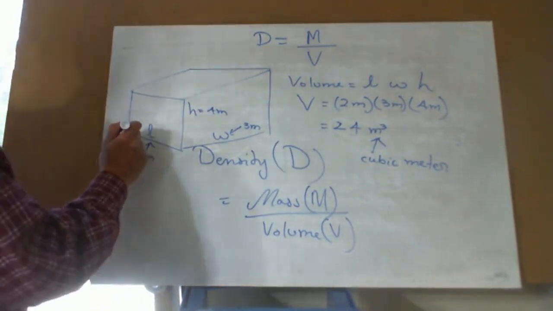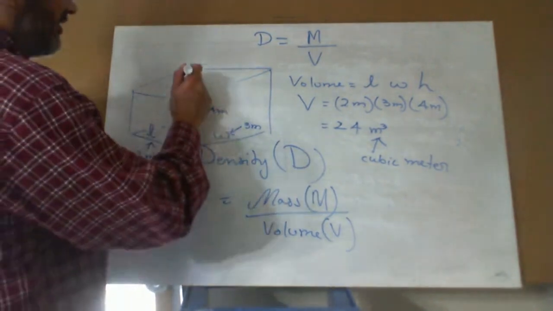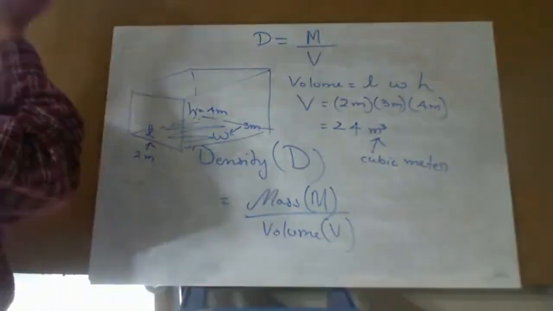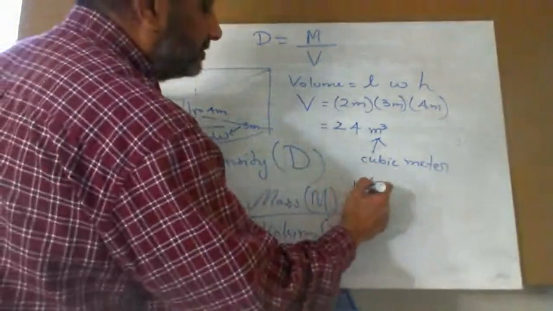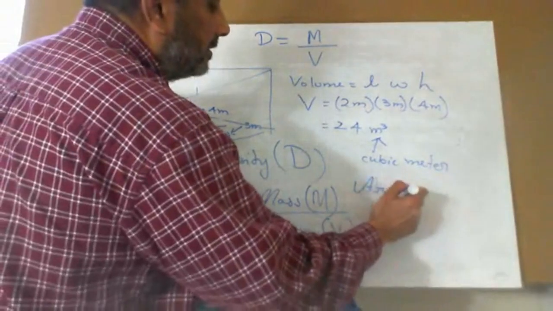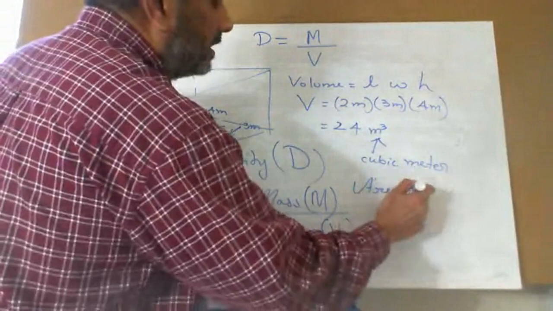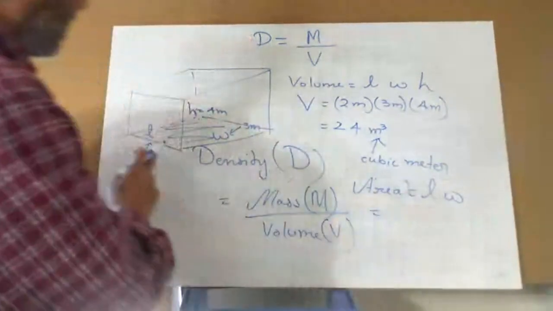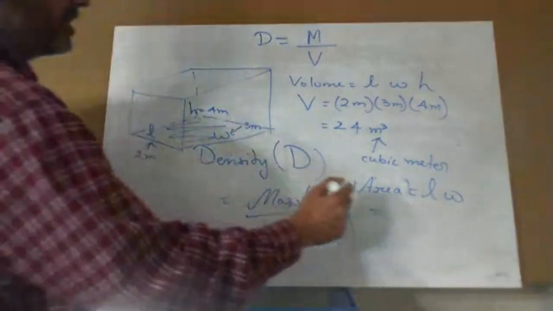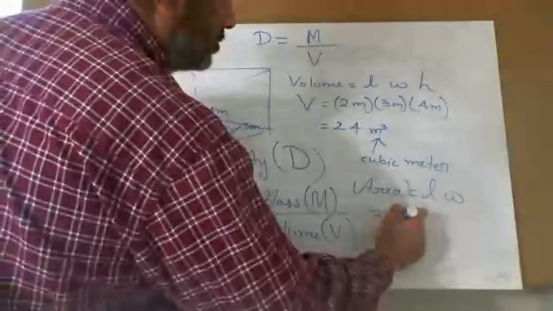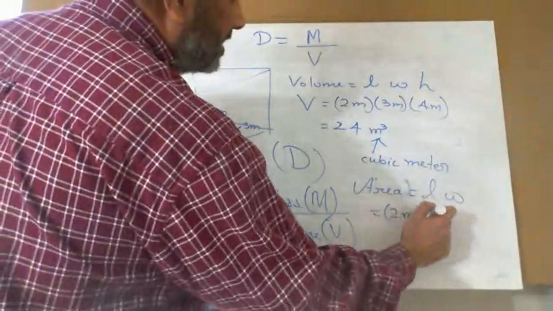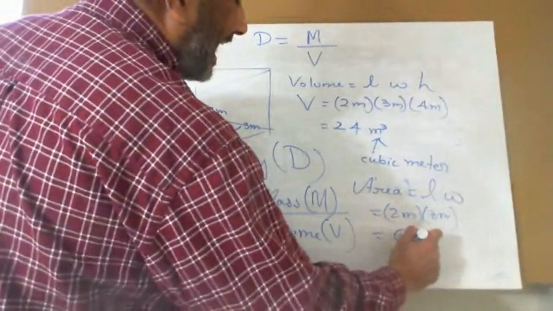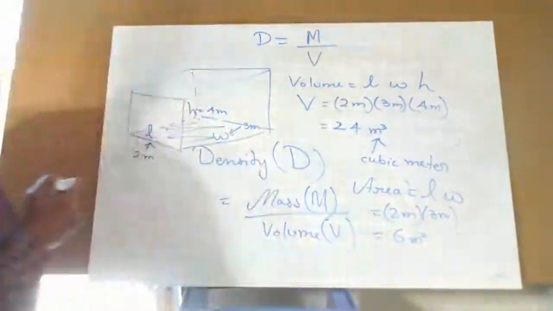If, for example, I just wanted to find the area, I wanted to find this area. Area is length times the width. So what is the area here? 2 meters times 3 meters, which would be 6, and it is 2 m's multiplied together.